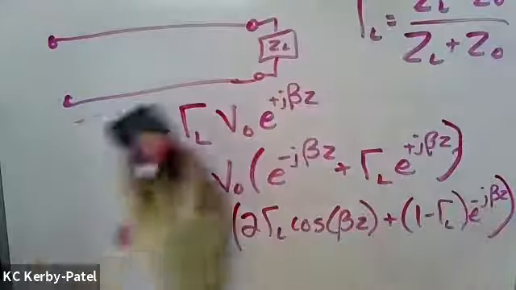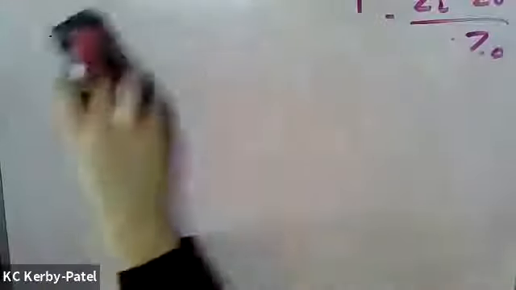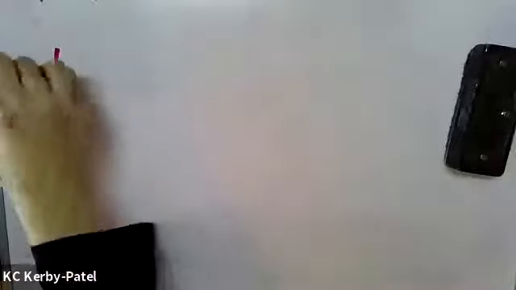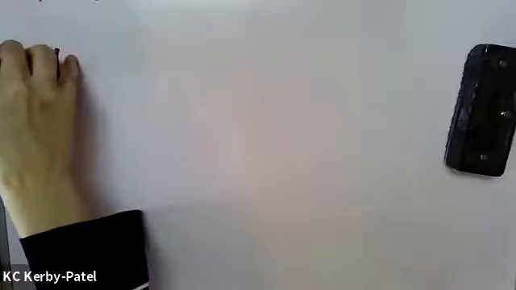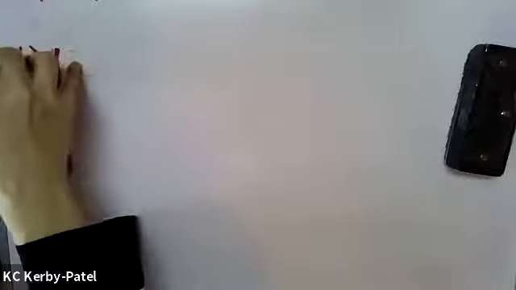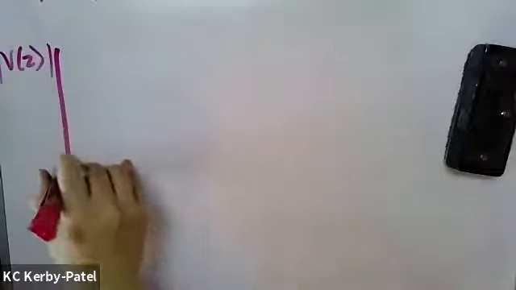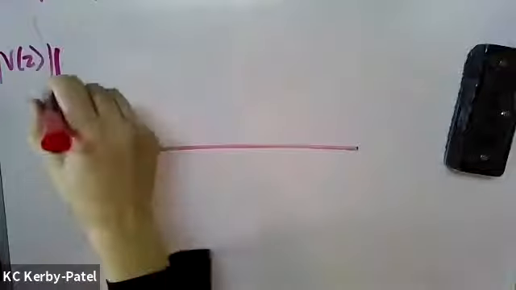If I were to plot this, I'm kind of going through this fast because the activity that I want you to do about this is to plot it yourself. So pay attention here. And I wanted to know that amplitude. It would look like this.